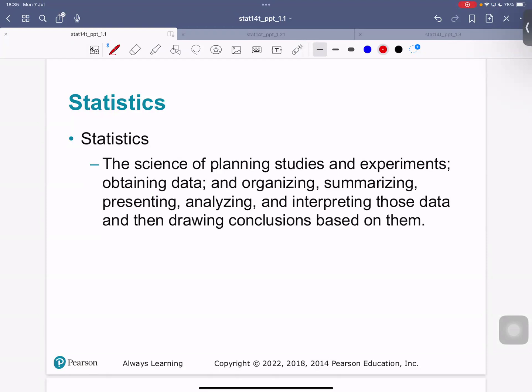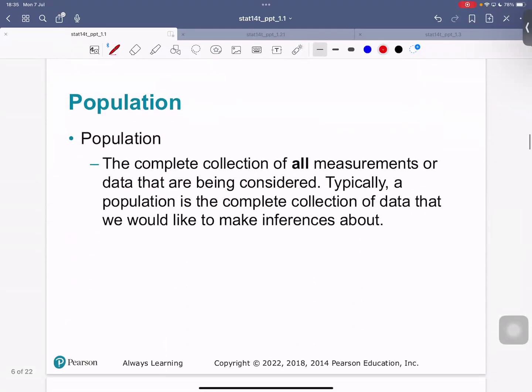That is the first thing. The second thing, we need to organize and summarize the data. That means we calculate the average number of hours that the students sleep during that week, and we analyze those data, right? And we draw the conclusion. So that is statistics.